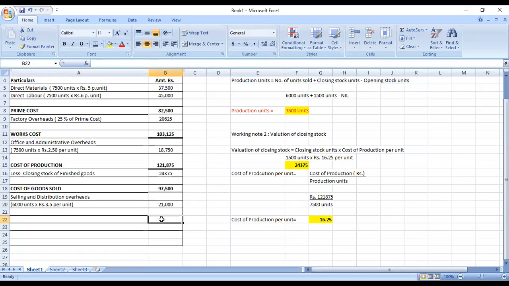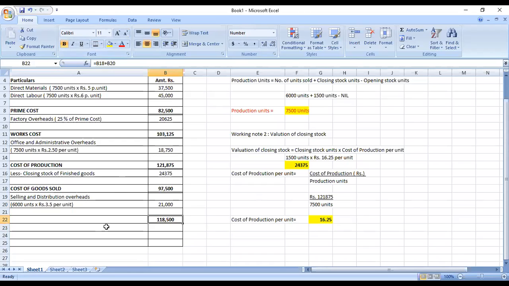Therefore, add this 21,000 to the cost of goods sold and you arrive at 1,18,500. That is called the total cost, or cost of sales.